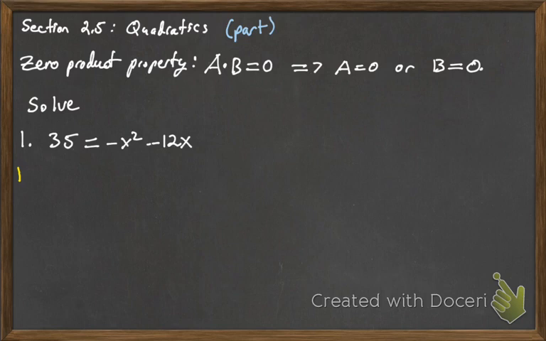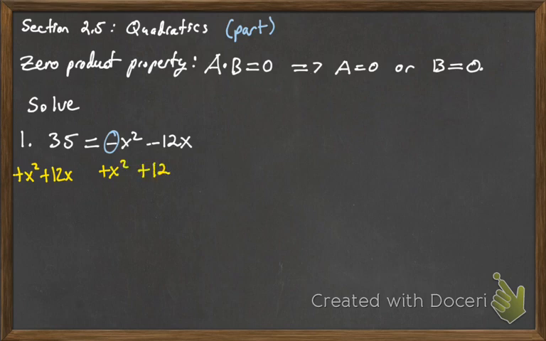So here we're going to be doing factoring, and it's easier to factor if the quadratic term is positive. So here we have a minus x squared. So to make this easier, what we're going to do is move both of the minus x squared and the minus 12x to the other side so that the factoring is easier. So we're going to add x squared and add 12x to both sides.